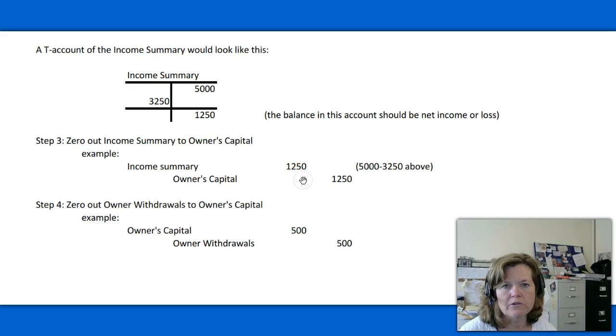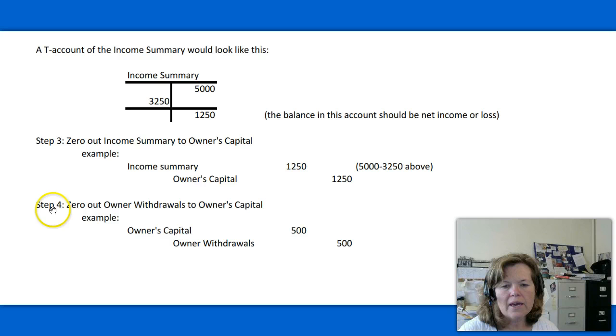My credit's going to be to owner capital. So I'm closing, this is the final, or we're at step 3 of closing our temporary accounts to owner's capital. Owner's capital is where these accounts end up, okay, these temporary accounts. So we've closed revenue and expenses and income summary to owner's capital at this point in time.